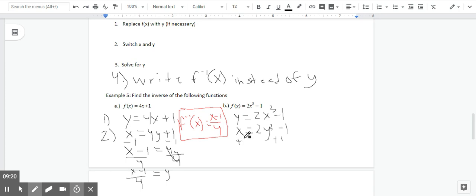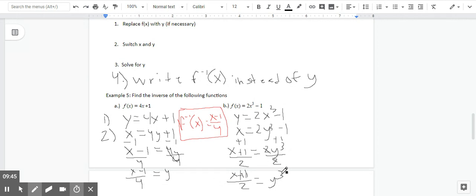Add 1 on both sides. So we're left with 2y to the third over here. Divide by 2. Make sure you divide everything by 2, just like over here, I divided everything by 4. We need to keep things equal in our equation. So I get x plus 1 over 2 equals y to the third.